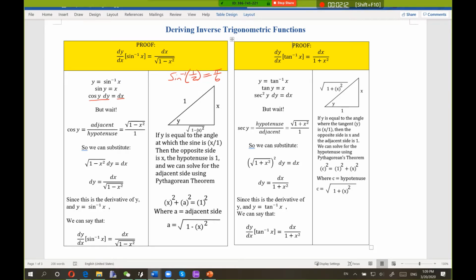And then because cosine y equals adjacent over hypotenuse, we could set up a relationship. So this is the cosine of some angle y equals adjacent over hypotenuse.